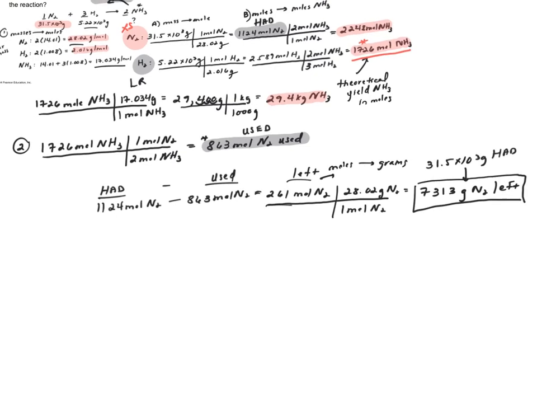Okay, so again, that type of problem tends to be more difficult. There's a couple more steps involved. You should have already figured out what your theoretical yield in moles is. With that, you use it to figure out how much of the excess reagent is used in making that. That was our step right here.